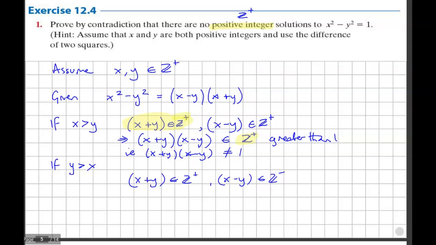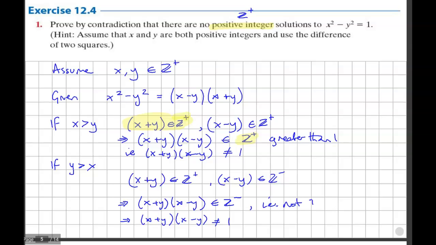Therefore, when multiplying those two together, we're going to have an answer that is a negative integer, because if you multiply a positive by a negative, you get a negative. So the key thing here is that it's not equal to 1. Again, we can show that the product is not equal to 1.